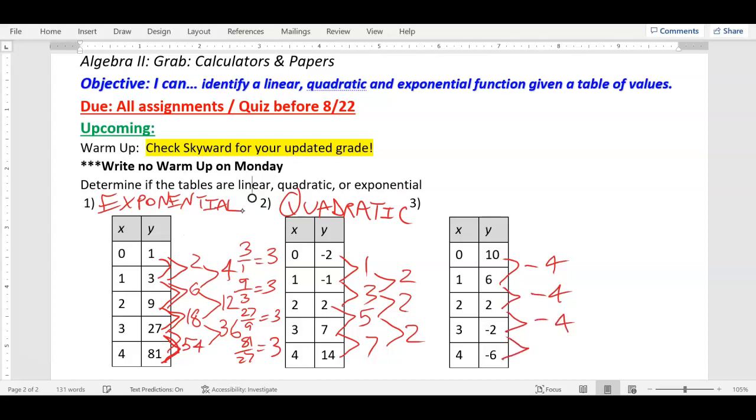Negative 6 minus negative 2 is also negative 4. Now, I don't expect you to be a pro at the mental math because you can use your calculator to compute. I would suggest double checking yourself so you don't get something wrong. But since the first difference is the same, what do I call this? Linear.